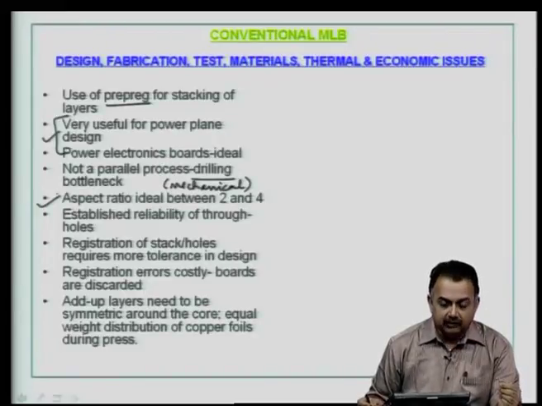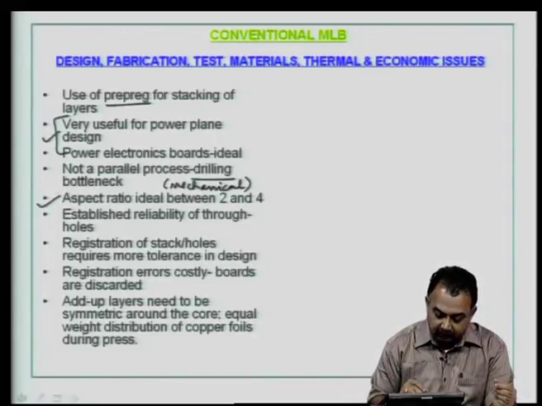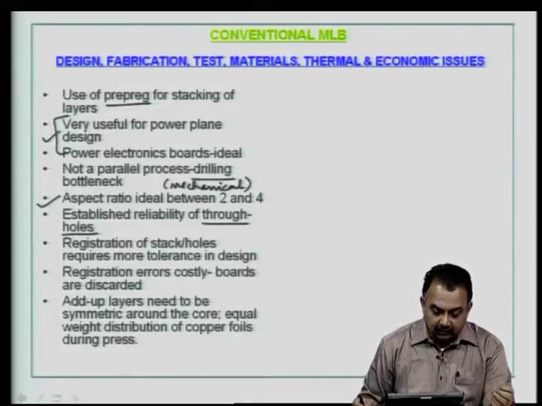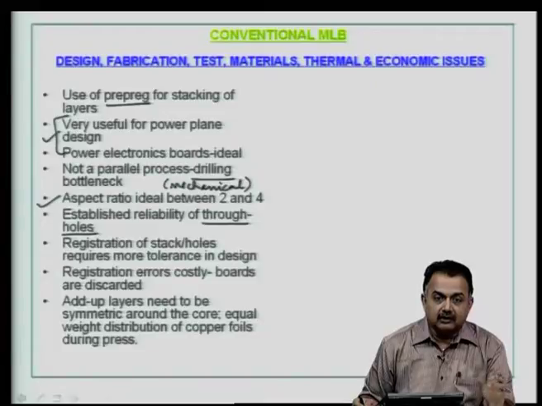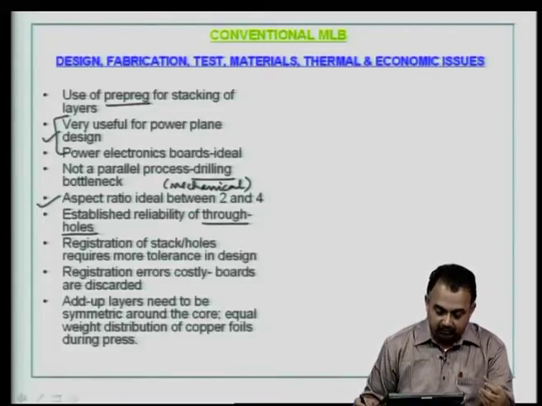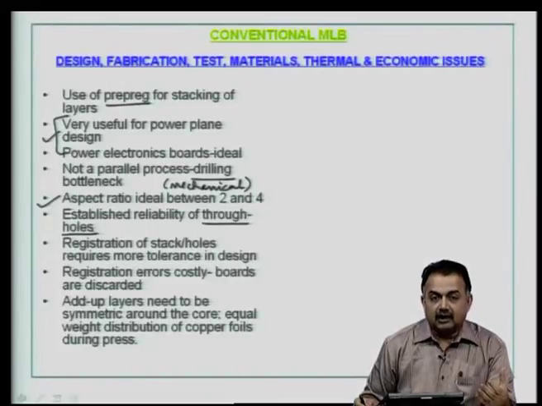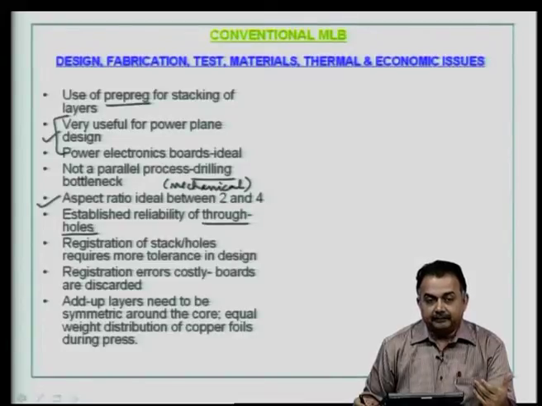Established reliability of through holes. So, we have seen how a through hole is manufactured and plated and quality checked. The key to your conventional board is the reliability of the through hole, because sometimes if the aspect ratio is high, you cannot really guarantee the reliability of a through hole. And through hole means you are mounting certain through hole components apart from the surface mount devices.